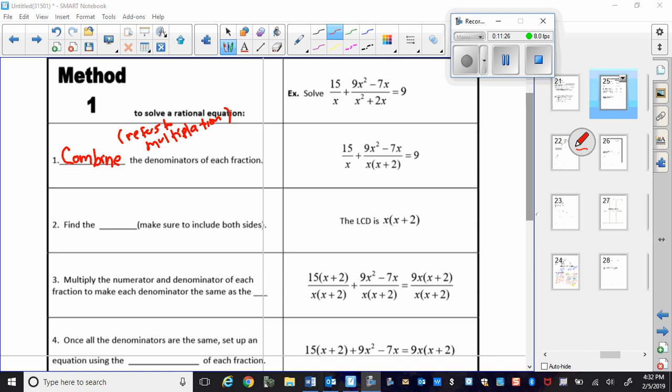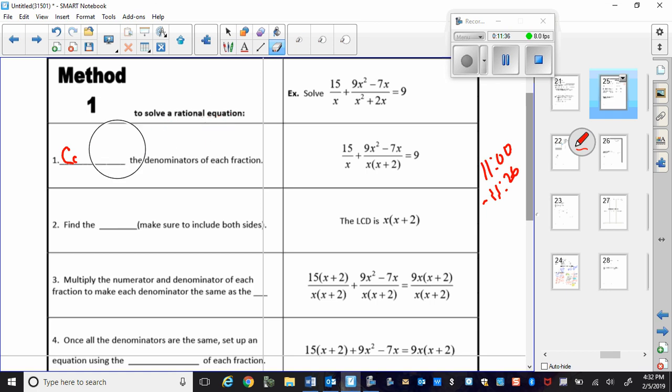So what's the first method for dealing with rationals? Well, the first thing you want to do, you don't want to combine, sorry. You want to factor any denominators that you need to factor.